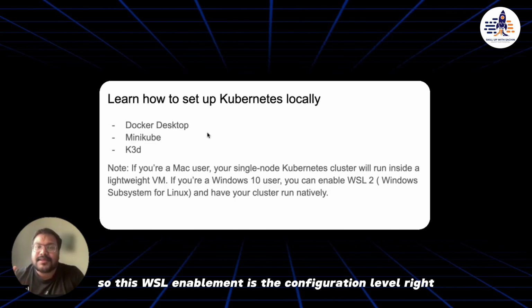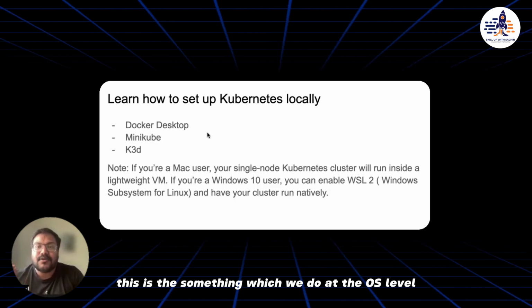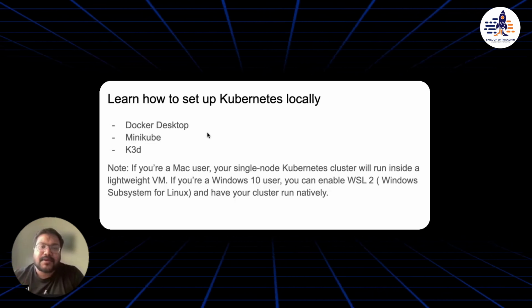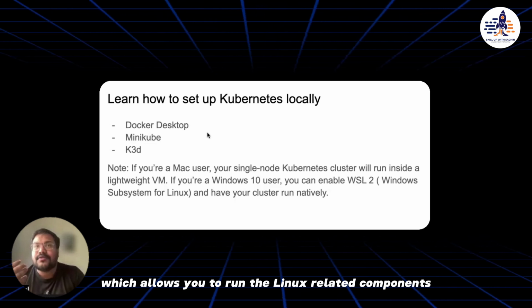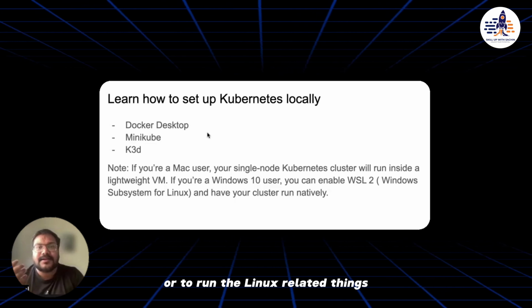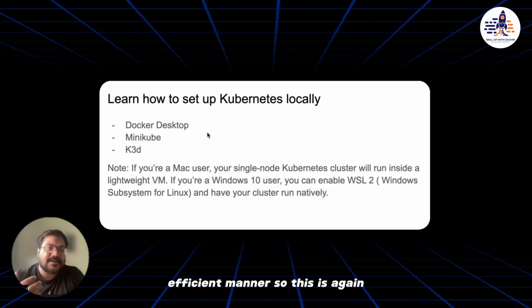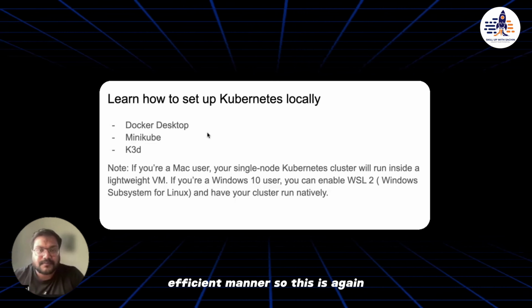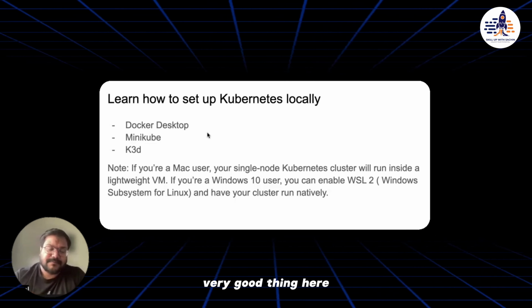This WSL enablement is that configuration at the OS level, because it stands for Windows Subsystem for Linux, and it allows you to run Linux-related components and things on your Windows machine in a very efficient manner. So this is a very good thing.